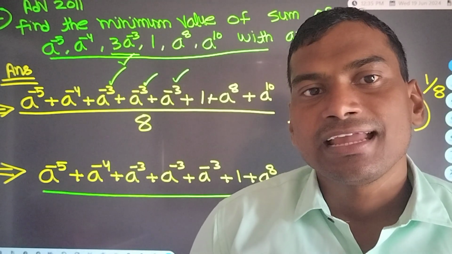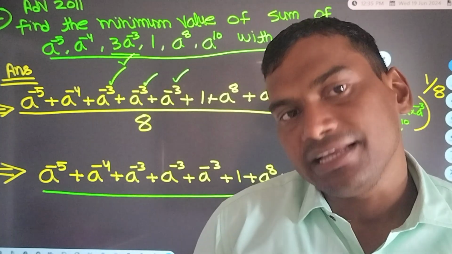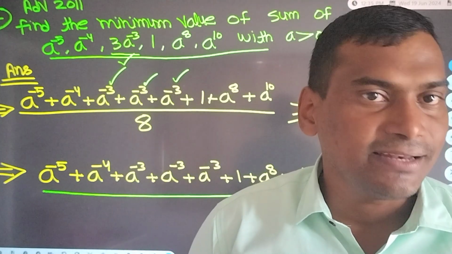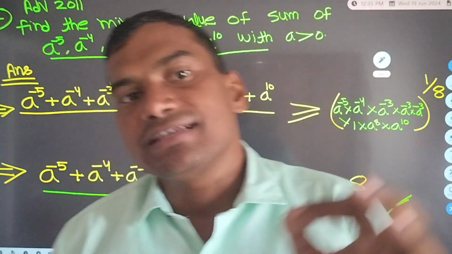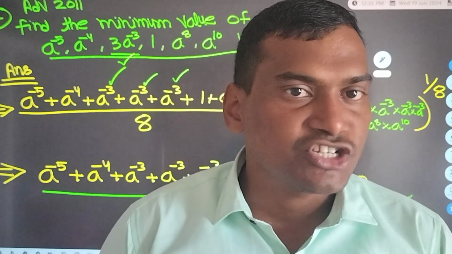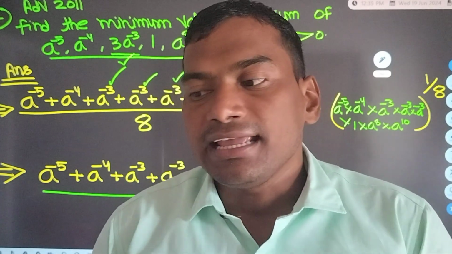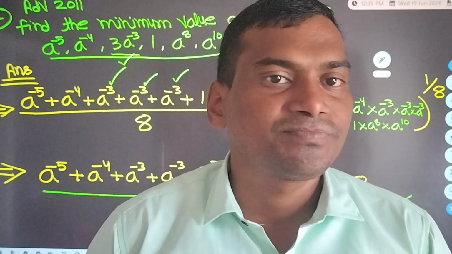Okay, AM-GM inequality. What is this AM-GM inequality? We have studied it in detail. AM of n numbers is always greater than or equal to their GM, always greater than or equal to their HM, and AM, GM, HM are always in GP.